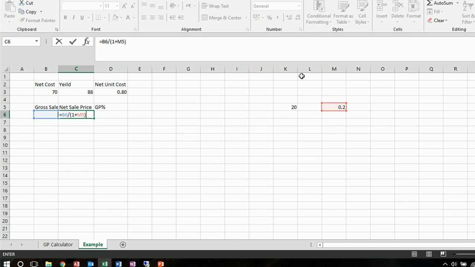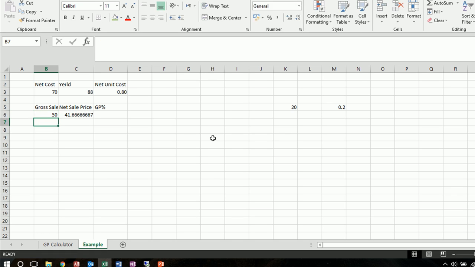And the reason why we can do it like that is if we do want to change our VAT rate, it will just change with the formulas and we don't have to change anything else. So if, like in the examples before, the gross sale price was 50, we know that this goes down to 41.66, and we can take that down and get it to 41.67 like we had before.